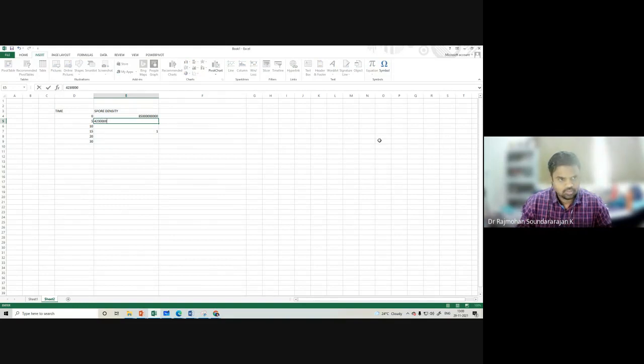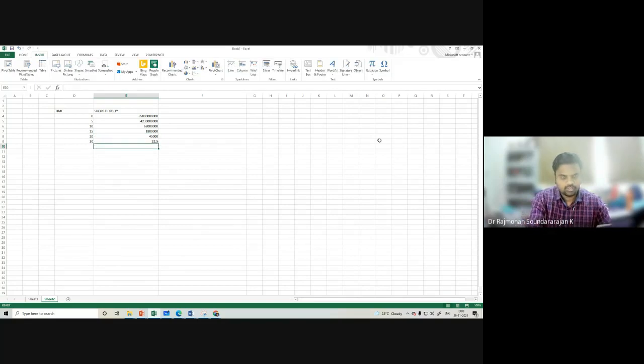Then 6.2 into 10 power 7 is 62 with 6 zeros. 1.8 into 10 power 6 is 18 with 5 zeros. 4.5 into 10 power 4 is 45 with 3 zeros. The final one is 32.5.